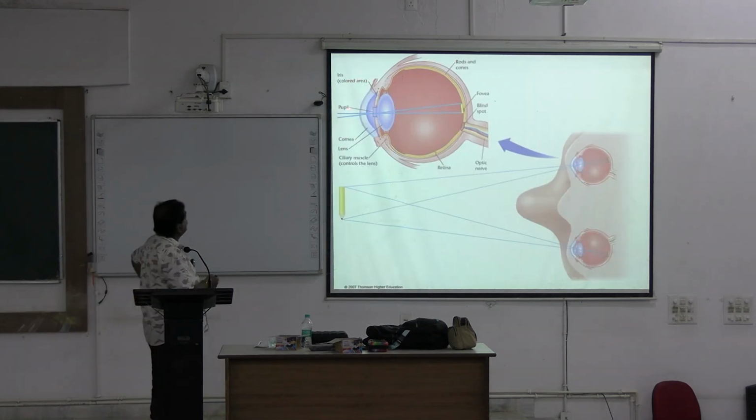This is the iris, pupil, and cornea in white. This is the lens, this is the fovea, the blind spot is here. So this is the nose you are seeing, and the two eyeballs.